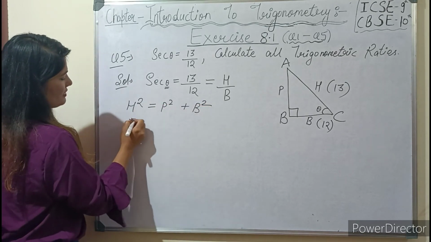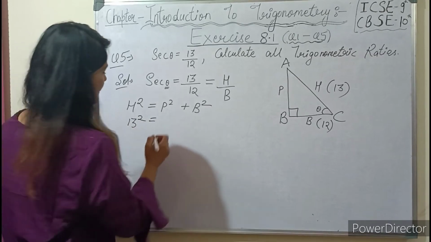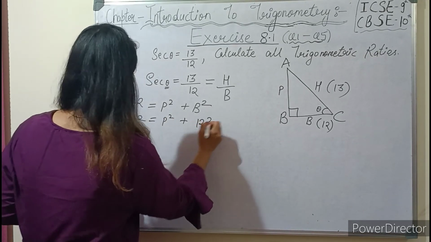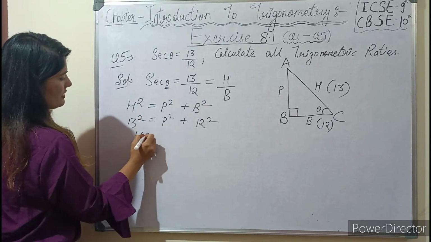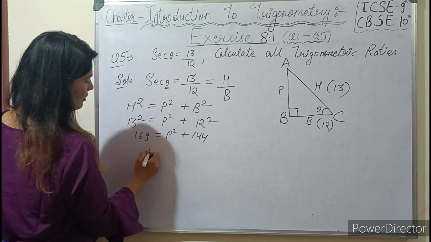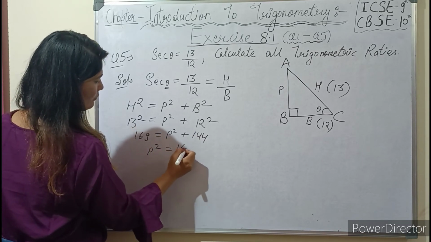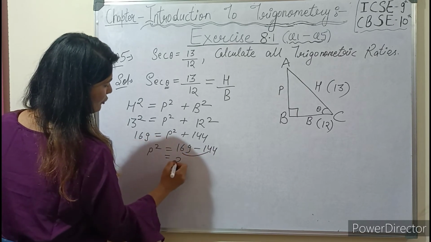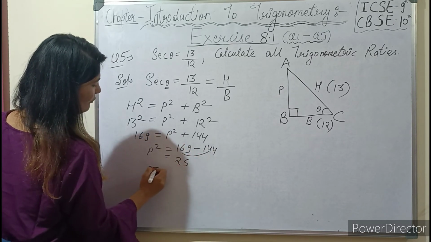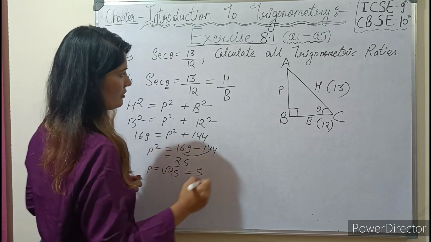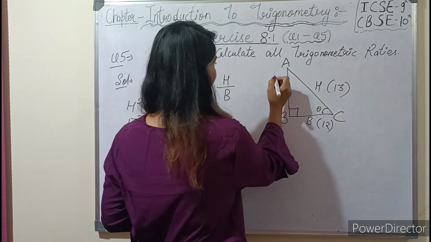The value of h is 13 square. P is not given. The value of b is 12 square. 13 square is 169. 12 square is 144. So p square is equal to 169 minus 144, that is 25. So the value of p is the square root of 25, that is 5. So here the value of p is 5.